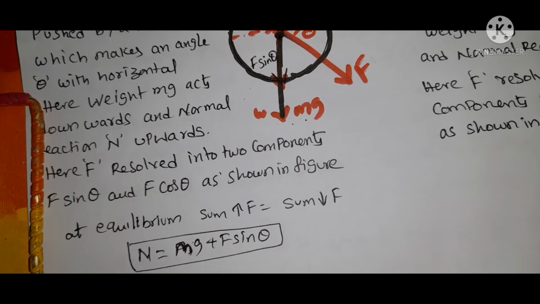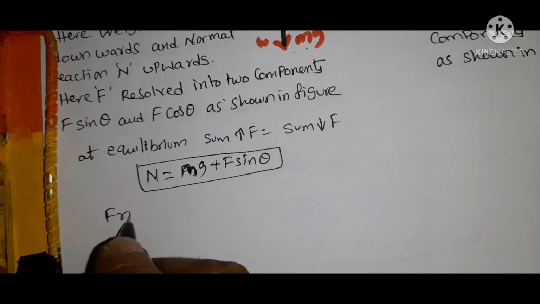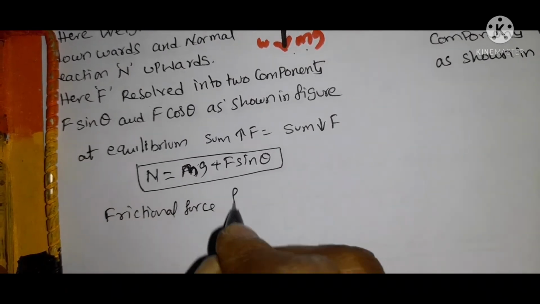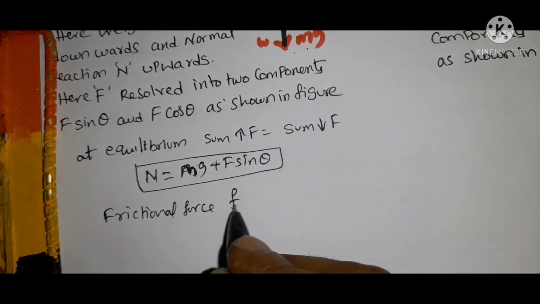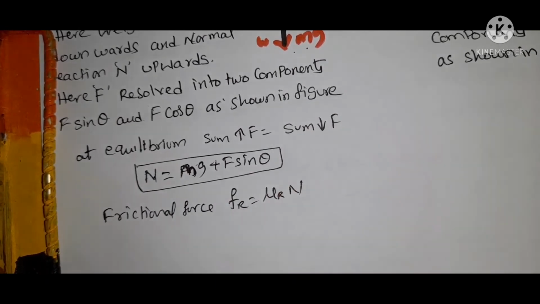Now rolling is there, so we need rolling friction. We know that the rolling frictional force F R is equal to mu r into N. This is the formula for the frictional force.